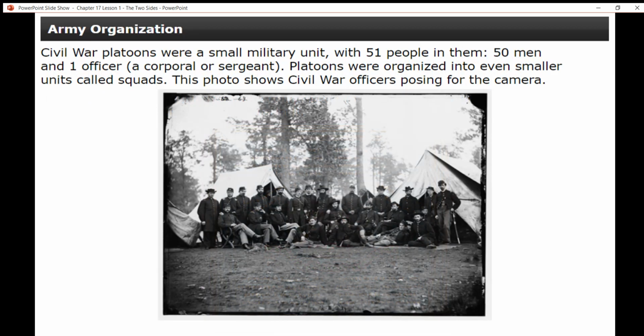Civil War platoons were small military units with about 51 people in them: 50 soldiers and 1 officer, who was a corporal or a sergeant. Platoons were organized into even smaller units called squads. This photo shows Civil War officers for those platoons posing for the camera.